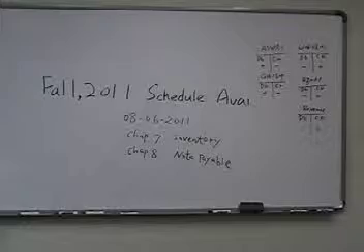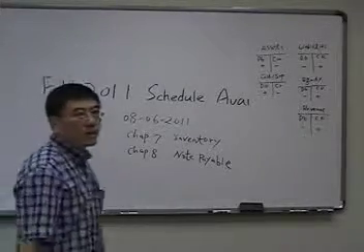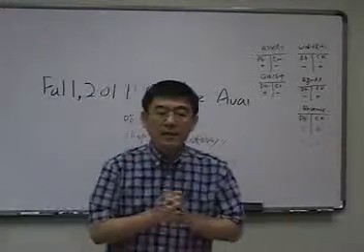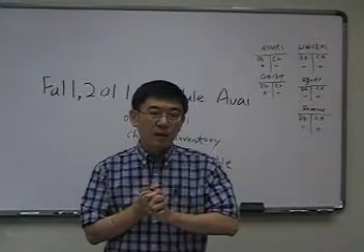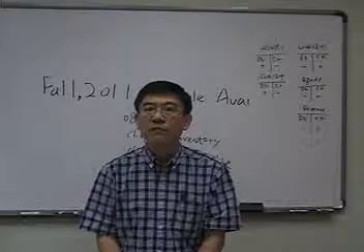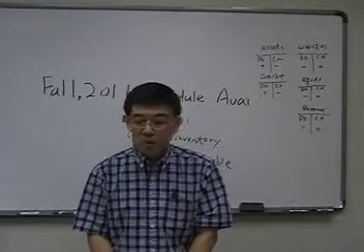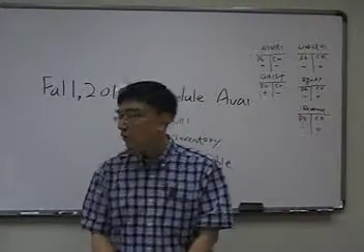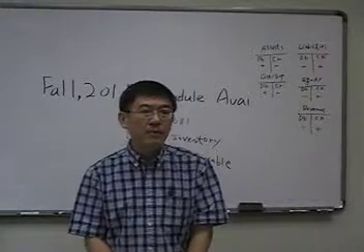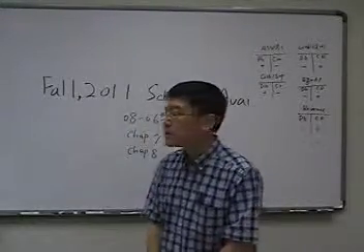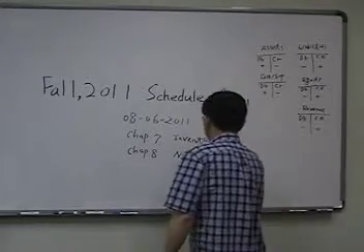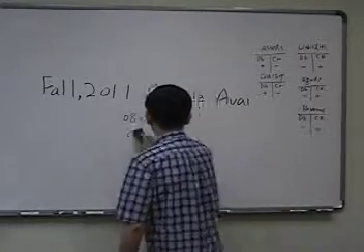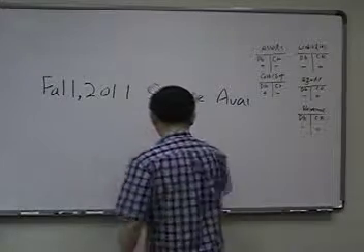Okay, for chapter 7, we're going to talk about inventory. Let's go back to the basic example we used a couple of times already. Assume this ABC company made sales on a certain day.